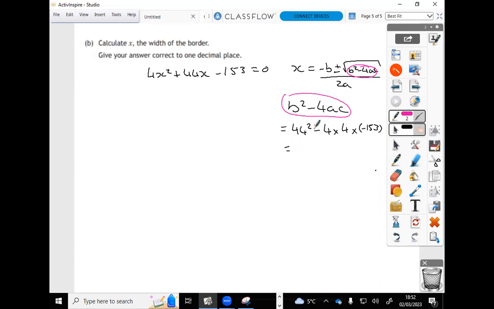So this part here is more than likely going to be positive, as the negative times the negative is going to create that positive for us. 44 squared is not something I'm going to do in my head. 1936 plus 2448, 4384.